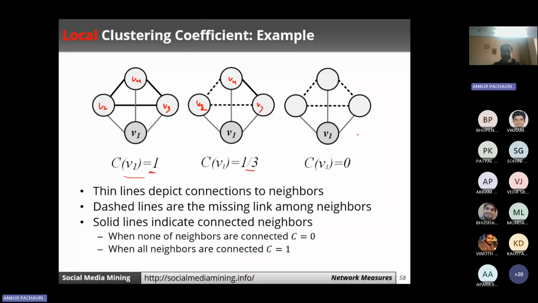In this last case, V2, V3, V4 are the 3 neighbors of V1, and there is no connection between the neighbors. So neighbors by themselves are not connected. How many neighbors? 3. How many connected neighbors? 0. So the local clustering coefficient of V1 will be equal to 0.